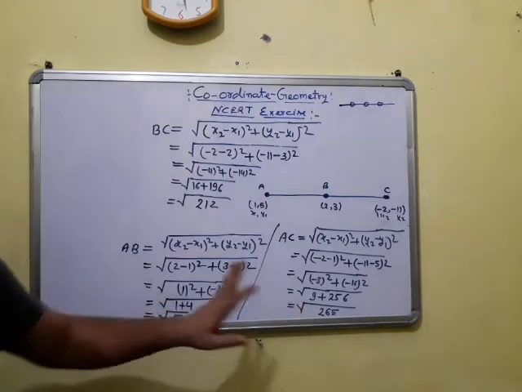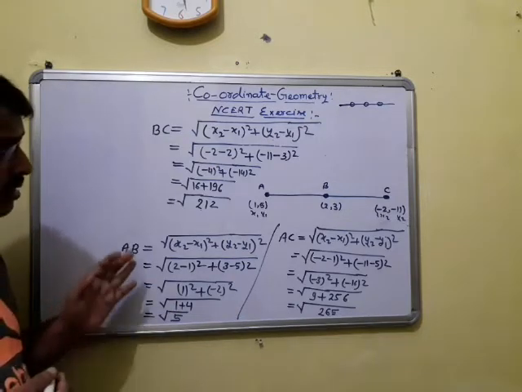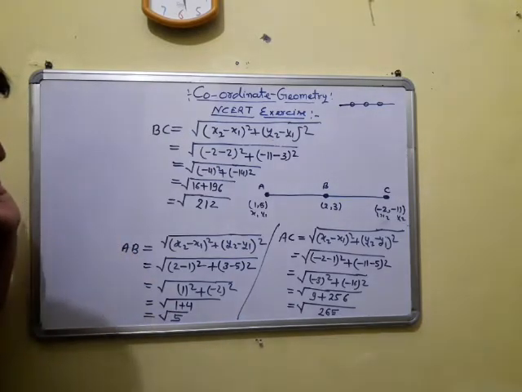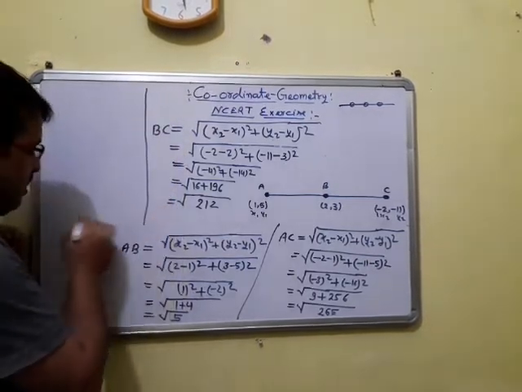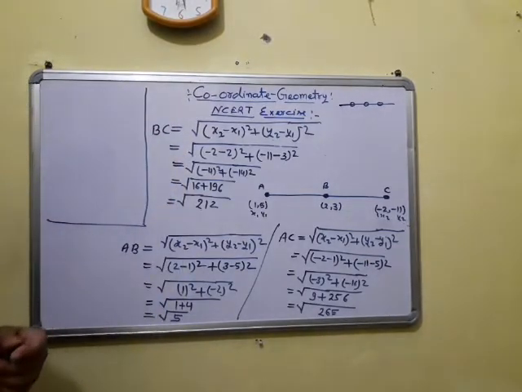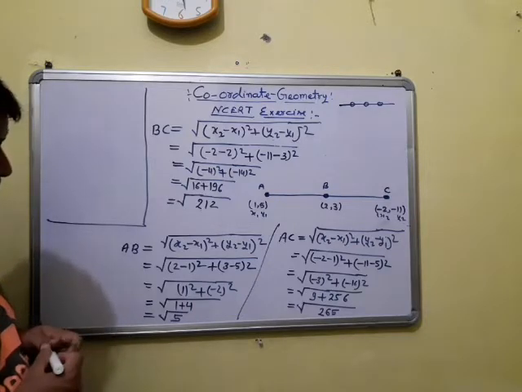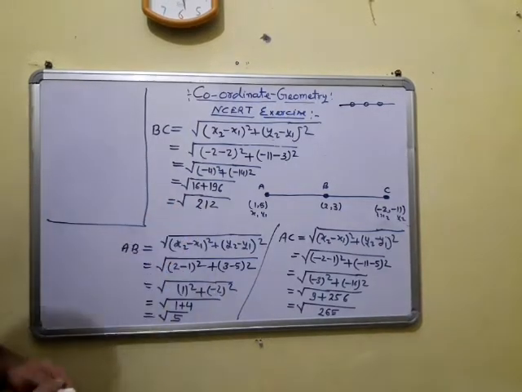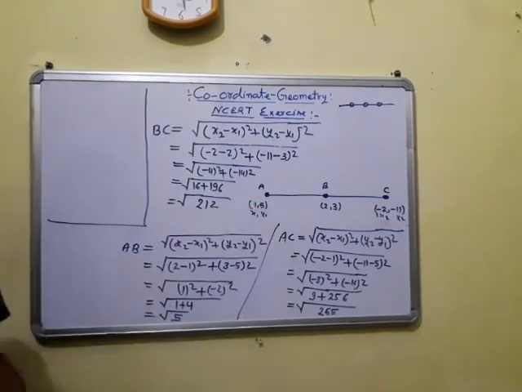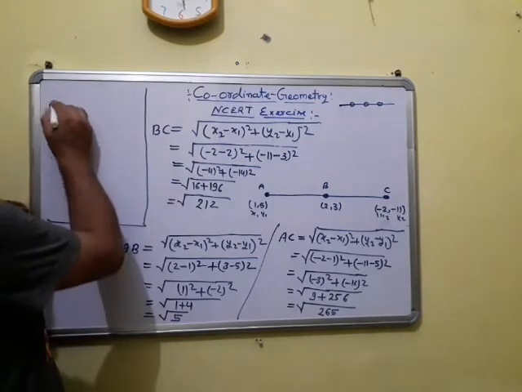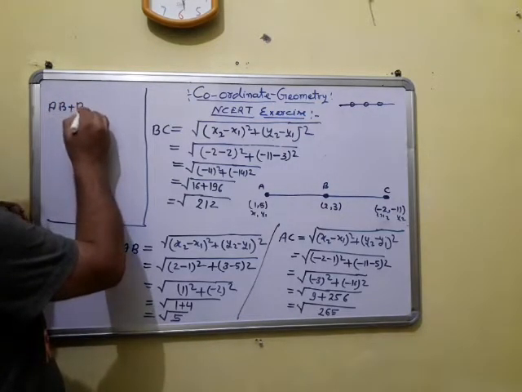Clear? Now, how do we find whether this is collinear or non-collinear? To find this, we discuss some points here. For collinear points, we add the values AB plus BC.